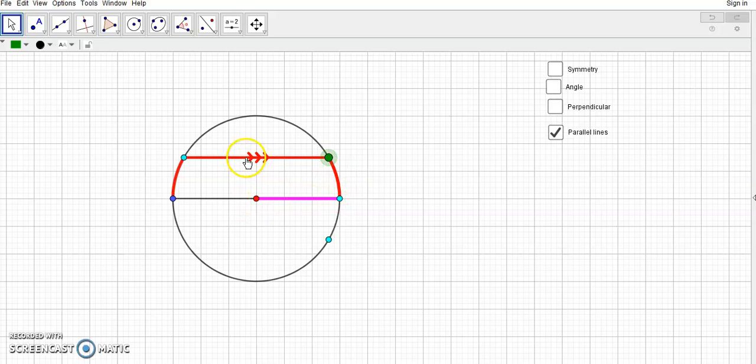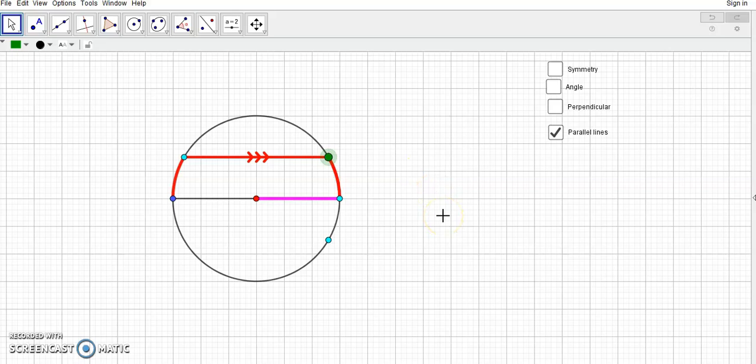In other words, this line is parallel to the diameter if it rests on the same arcs. That's very easy to see, isn't it? All we have to do is move along the perpendicular, which we've already defined. As you can see, there you have parallel lines.